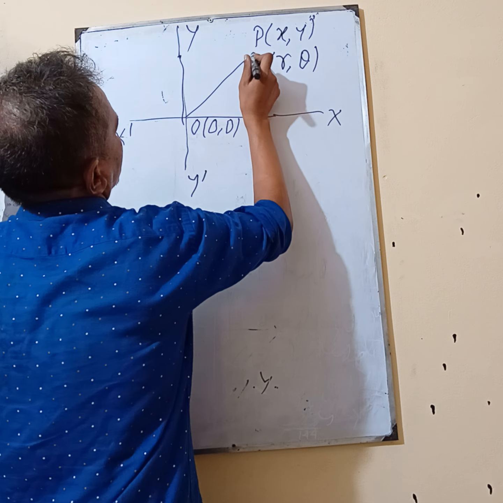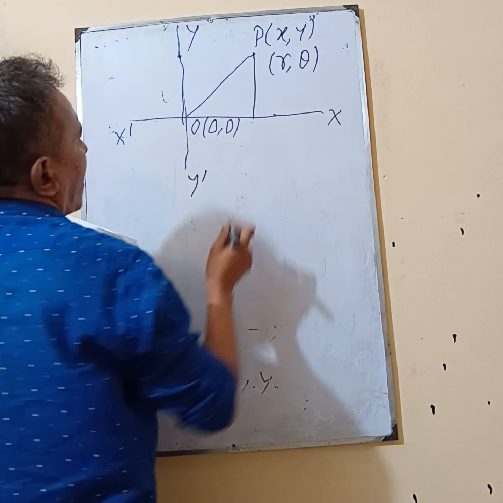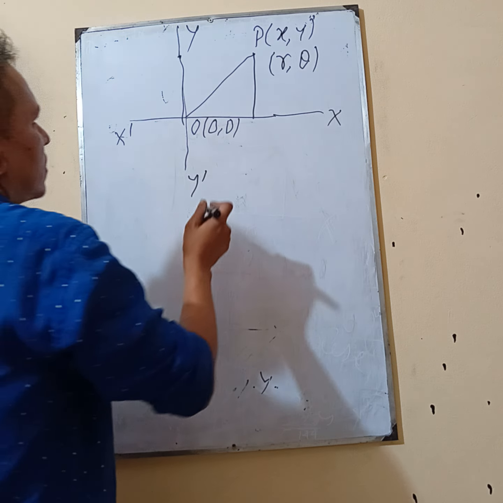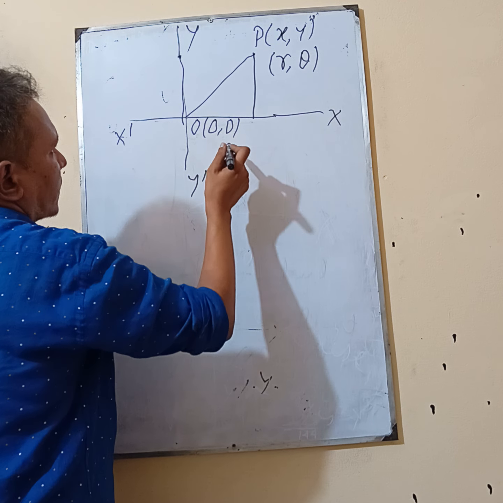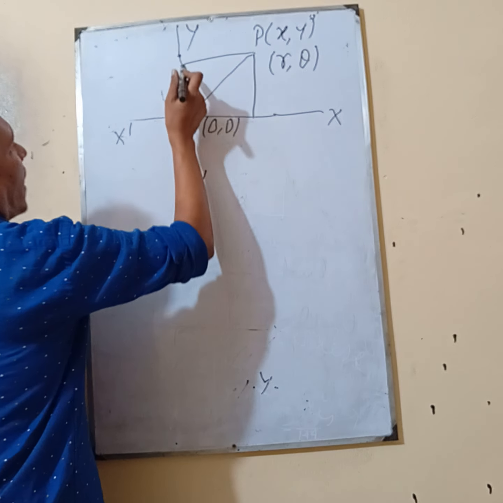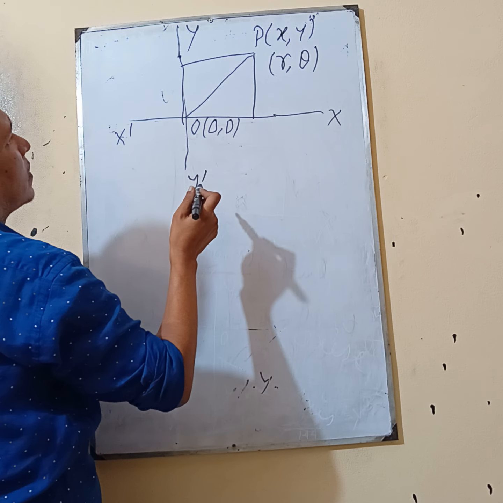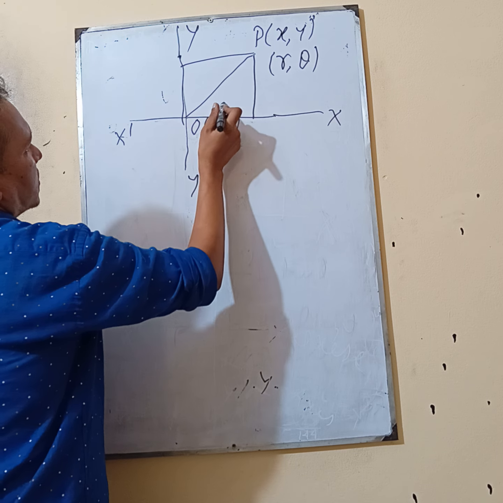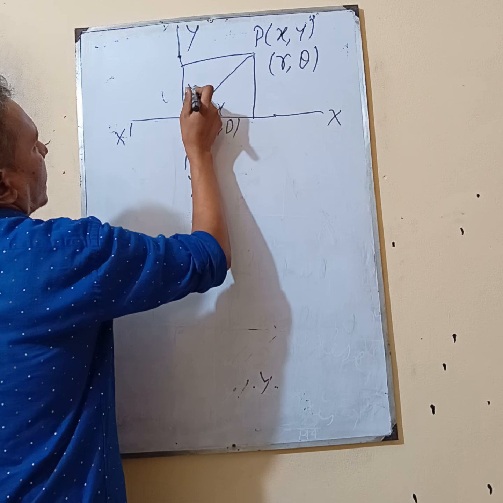Suppose this is a point; I draw a straight line, an altitude from P to OX and from P to OY. So this is called x and this is y.